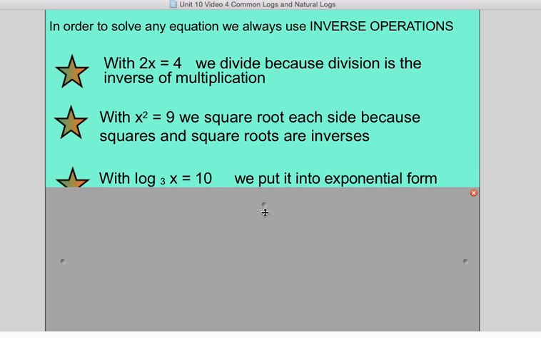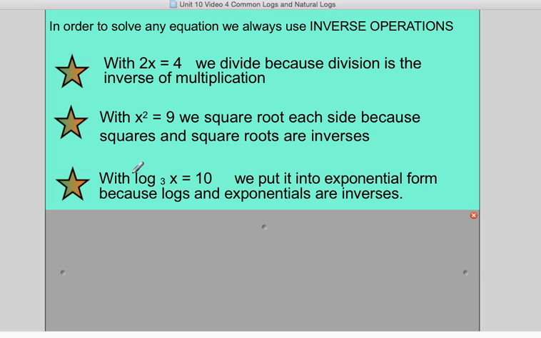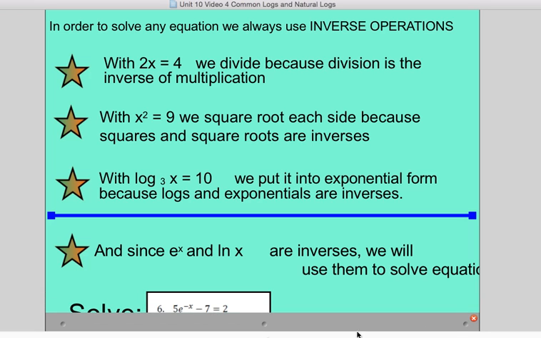They cancel each other out. With log base 3 of x equals 10, we would put it into exponential form, because logs and exponentials are inverses. Okay. And last one, the newest one, since e to the x and natural log are inverses, we will use them to solve equations. They undo each other. Okay.